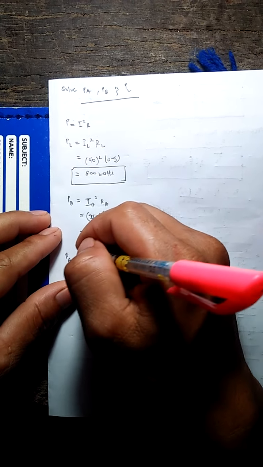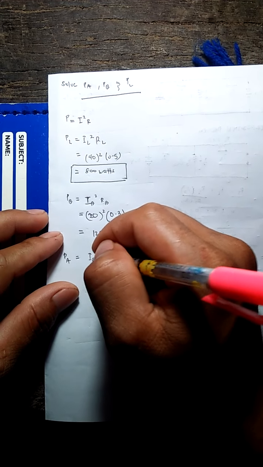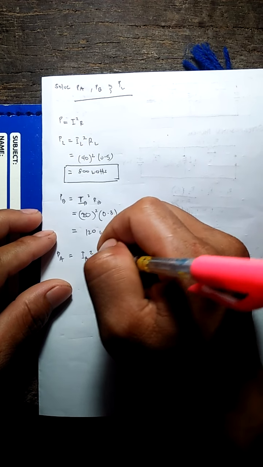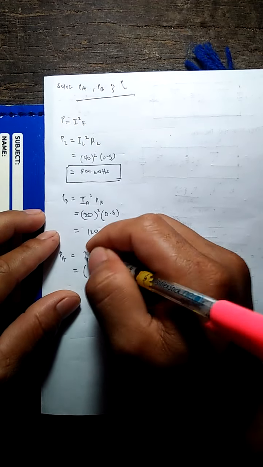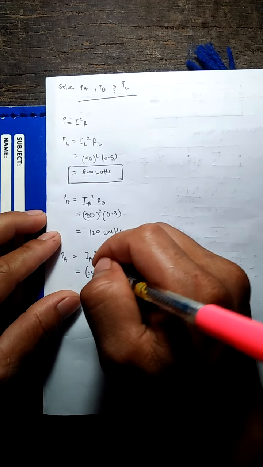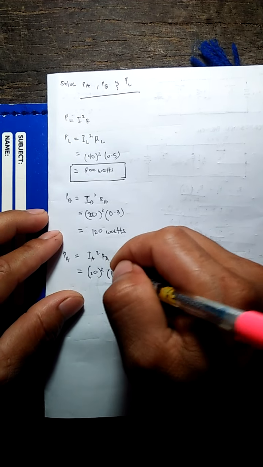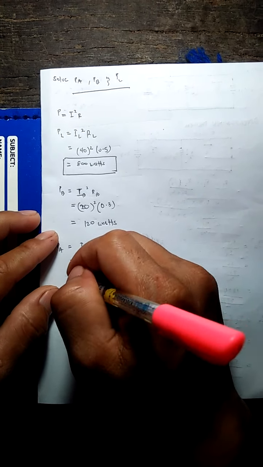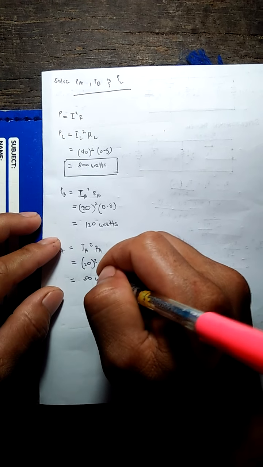Then PA is equal to IA squared RA, so substituting the given values, 20 squared, and our R is 0.2, so it will have 80 watts.